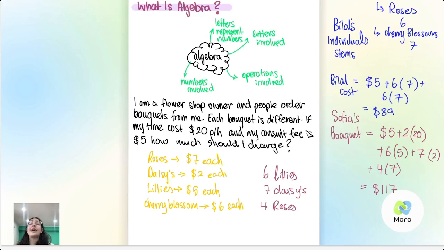It's really important that we have this thing called variability in math so we can come up with a formula. Say I get sick and I need someone to take over my bouquet shop for a week. They should have a formula so that they know how to price and charge every single customer. So we need math for that, and we need algebra specifically, because algebra contains variables.